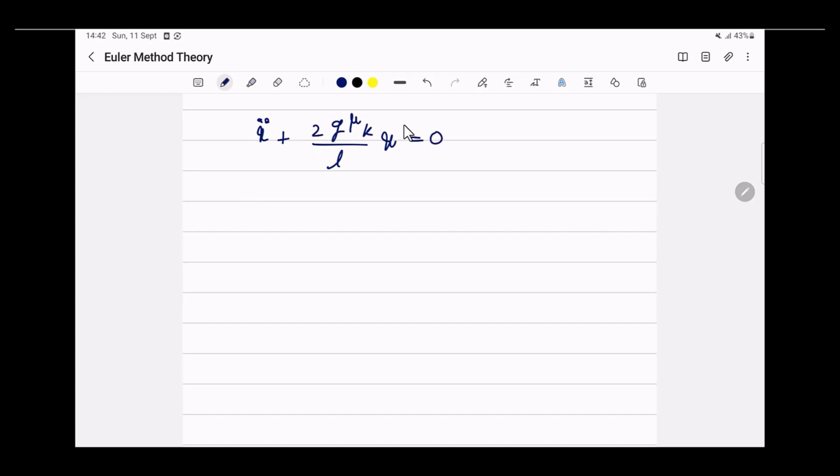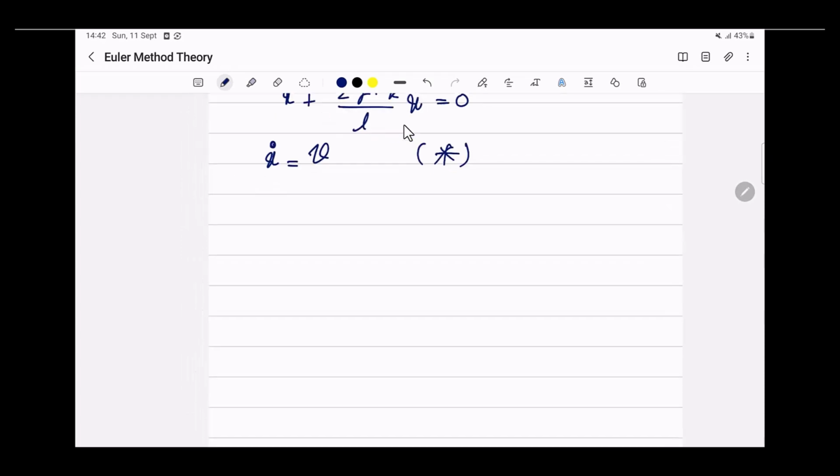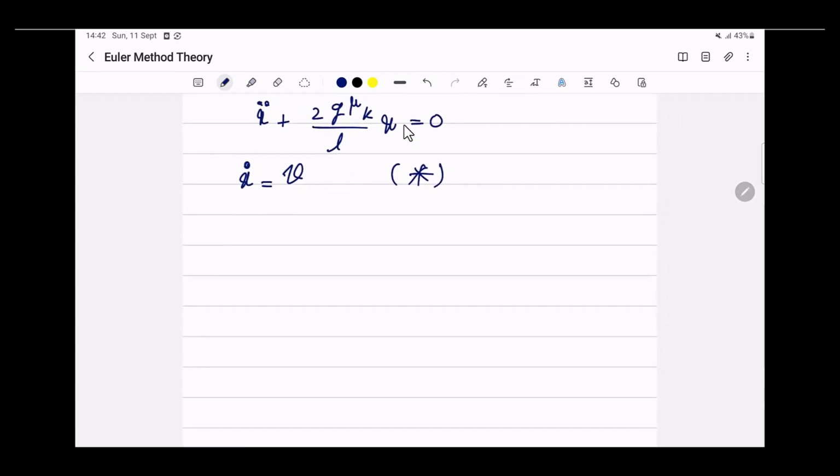Now, let's do this. We'll call x dot, which is the first derivative of x with respect to t, v. This is our velocity, and this is our first equation, equation 1, and then we'll basically rewrite this equation using this one.